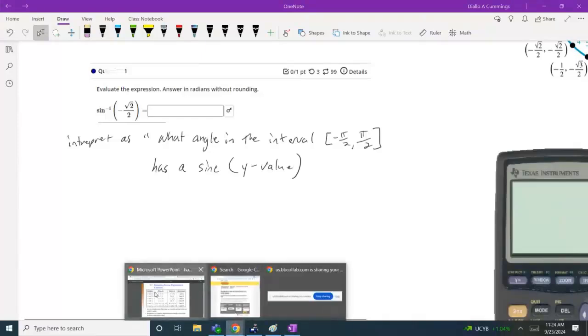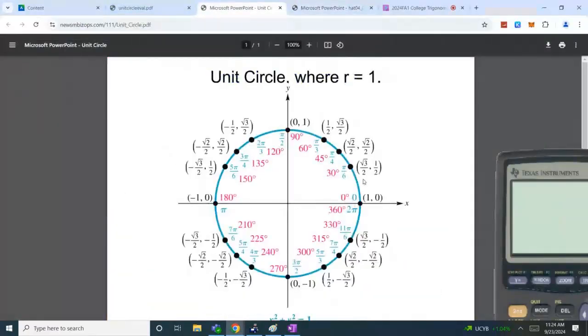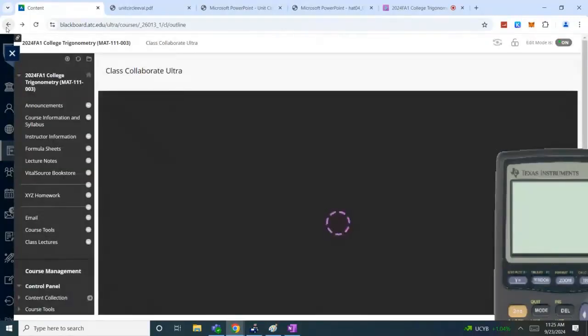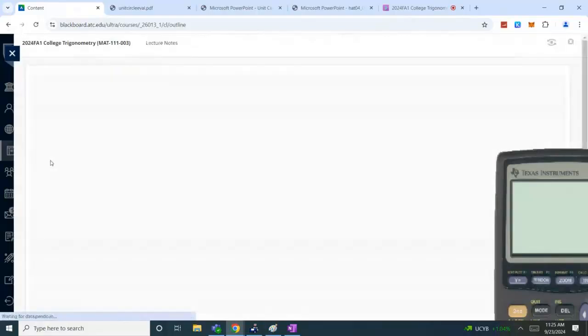Just to show where I'm pulling this from, in this unit circle, r is 1. The sine of any angle is y over r. I'm going to go back for just a second to the lecture notes.